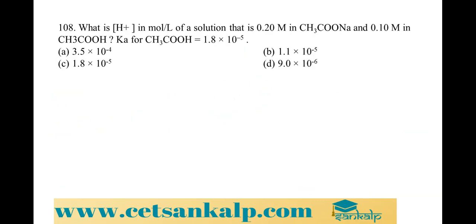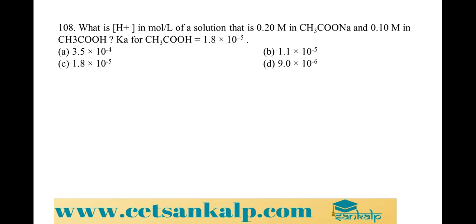Next, what is the H plus ion concentration in mole per liter of a solution that is 0.2 molar in sodium acetate and 0.1 molar in acetic acid? Ka is given for acetic acid as 1.8 into 10 to the power minus 5.